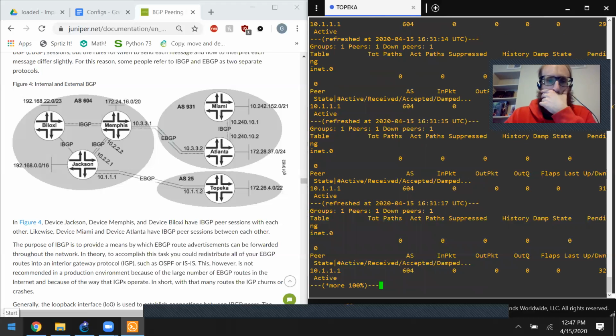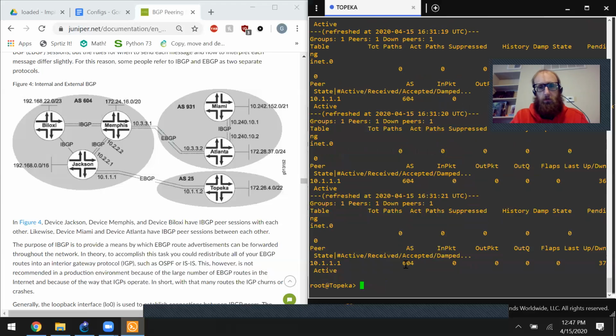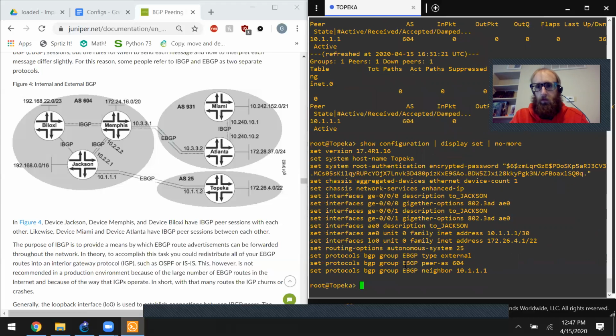All right, well, let's look into that. And you can see I configured it with .1 and not .2, so easy fix.